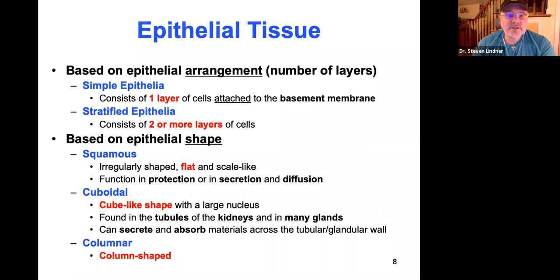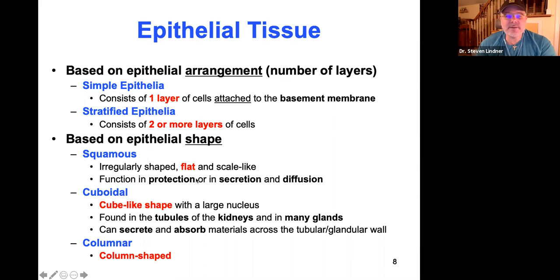Okay. All right. So let's go back now and continue with epithelium and say, okay, so based on the epithelium arrangement, depending on the number of layers, it could be simple epithelium or stratified epithelium. Okay. Then we look at the shape. If it's squamous, it's flat but irregular shaped.